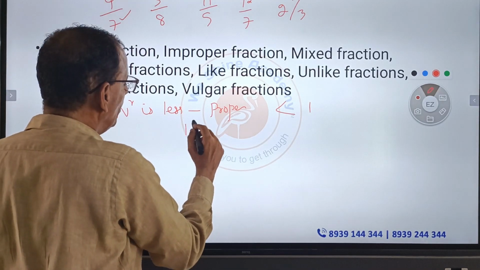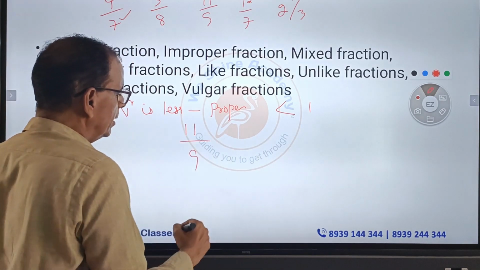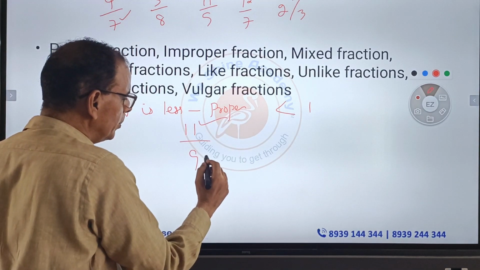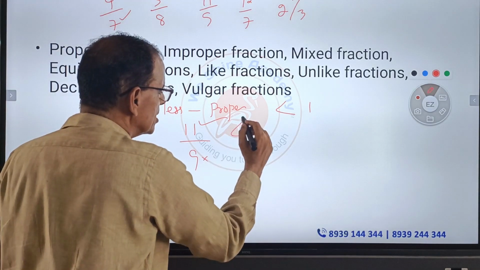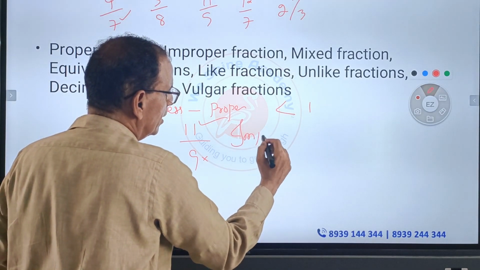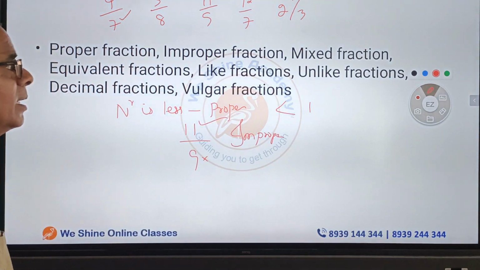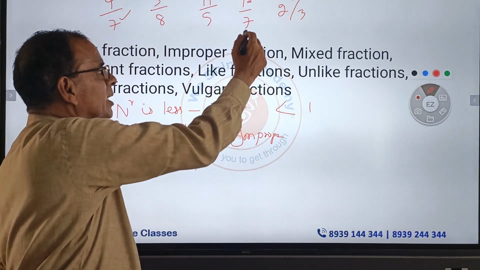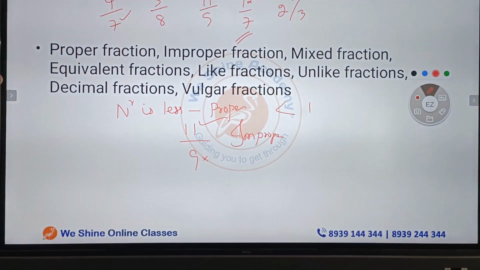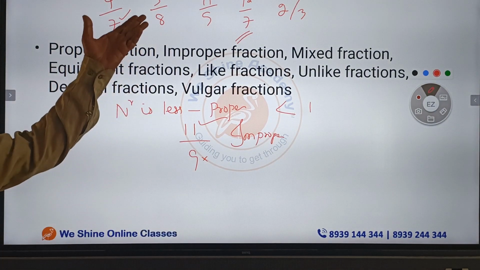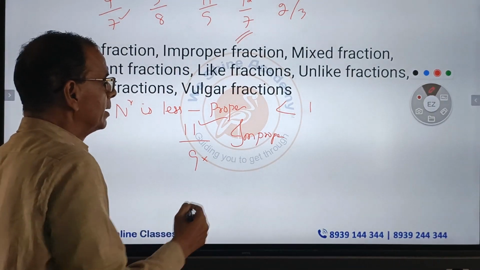What about 11 by 9? Numerator is more, denominator is less. That means this is improper. Okay, that's our simple definition. Similarly, 12 by 7, 1 7s are 7, 5 by 7, that is improper.